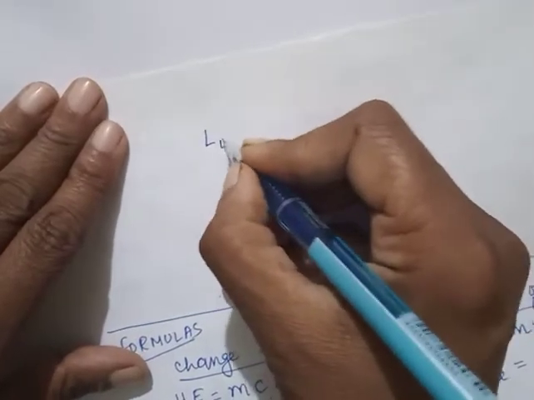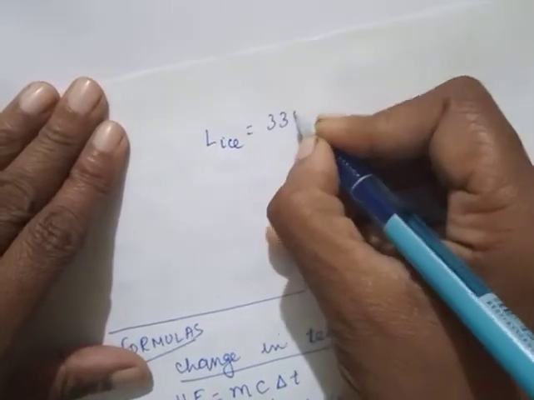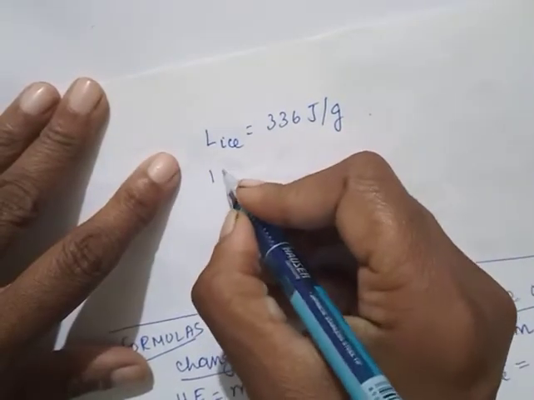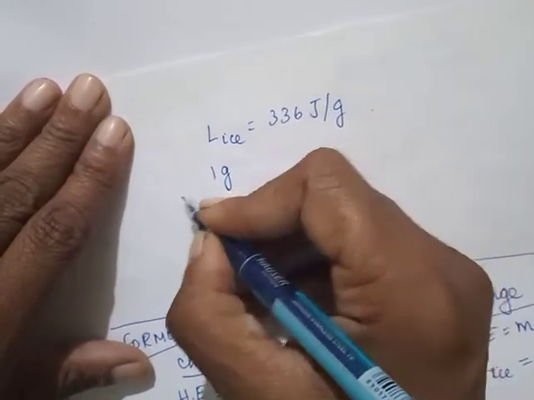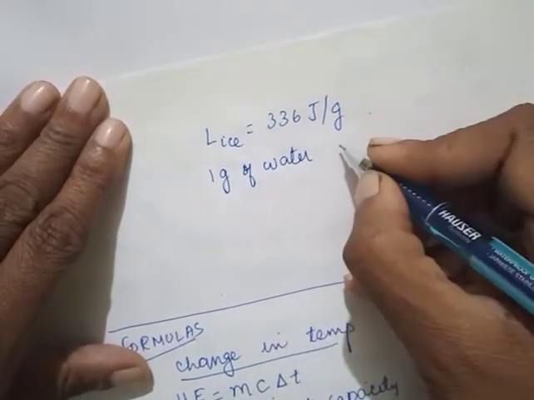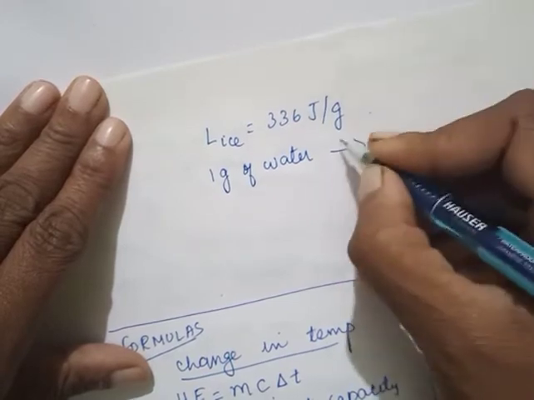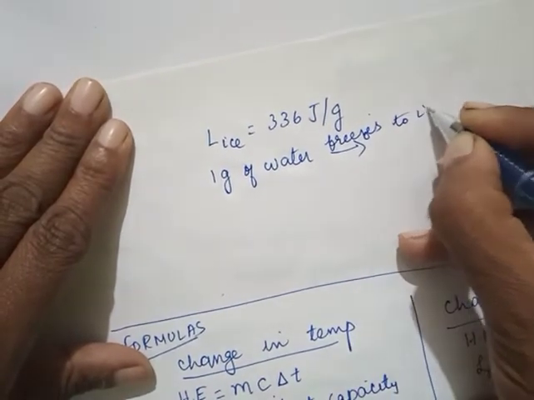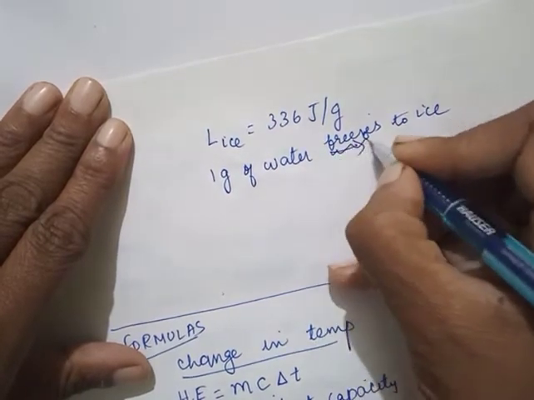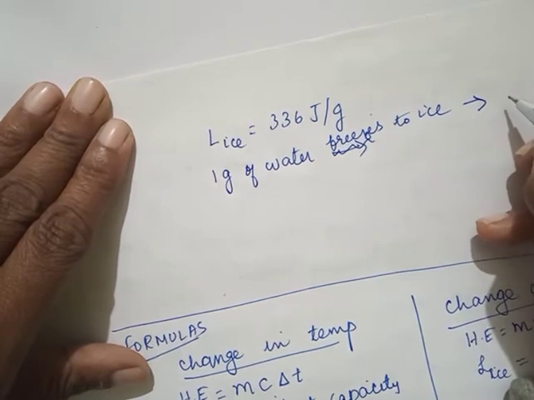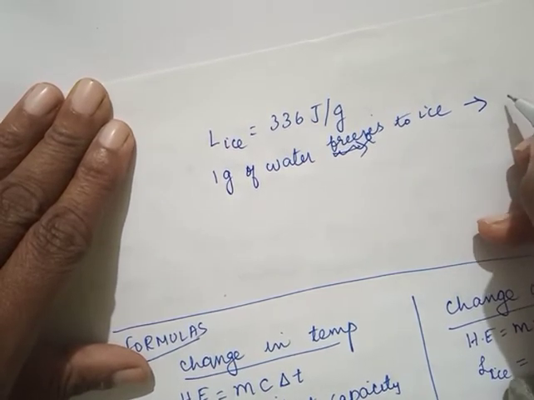One more thing. When I say L of ice is 336 joule per gram, it means when 1 gram of water freezes to ice, it will take heat energy or give heat energy? It will give out.